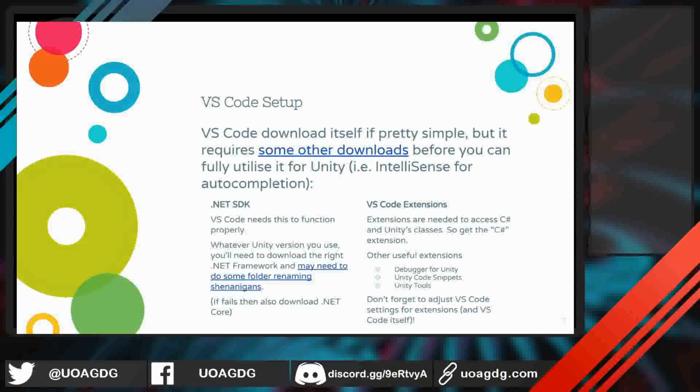In case you're wondering, autocomplete tries to guess what words you're trying to put into your program, and if it has access to Unity's classes, then it could just fill it in quickly for you, which is great for development. It also checks Unity classes and stuff like that, but I'll get into that another time.